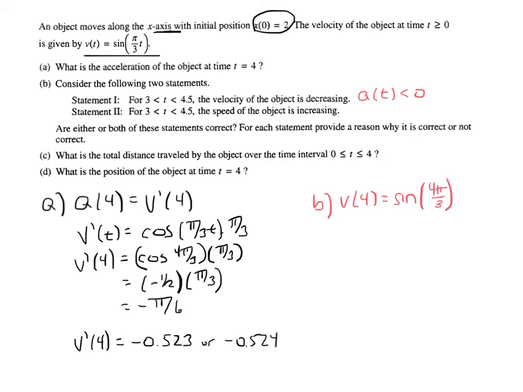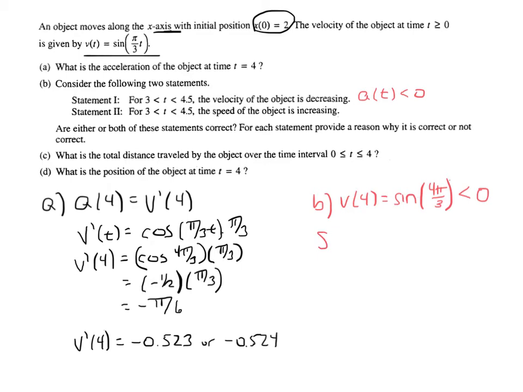And sine is negative in the third quadrant. So we know that this is going to be a negative value. So we have that acceleration is negative, velocity is negative, and that means that the speed of our object is increasing. So both statements are true.